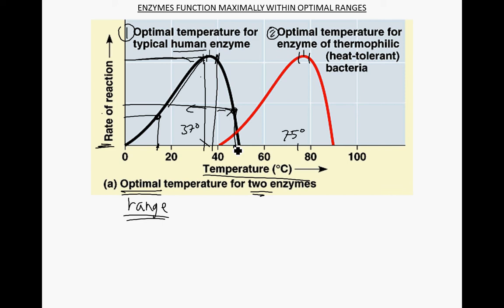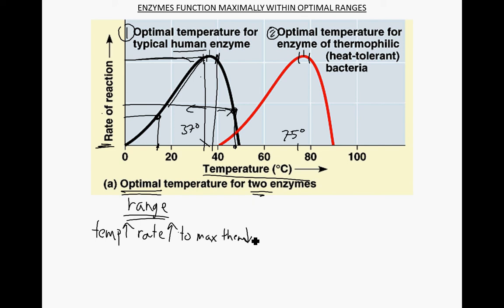So describing the curve, you could say it one of two different ways. You could say as the temperature increases, rate increases to a max, then decreases.